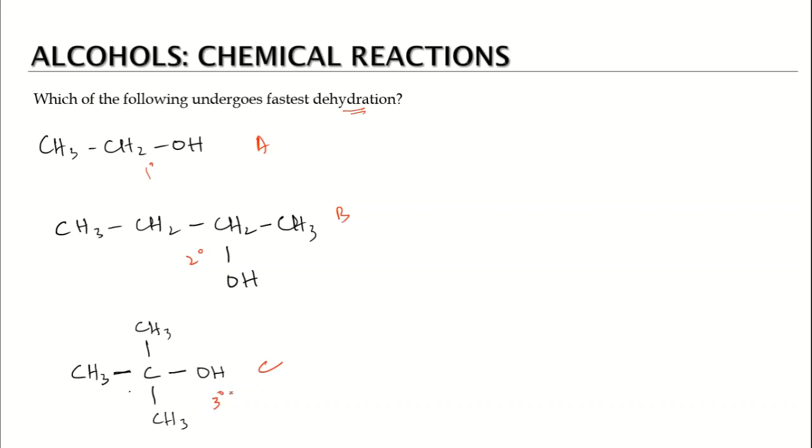As we know, in a dehydration reaction there is a carbocation intermediate. We have to remember this point for all the reactions in which a carbocation is the intermediate: the formation of this carbocation is the rate determining step of that particular reaction.